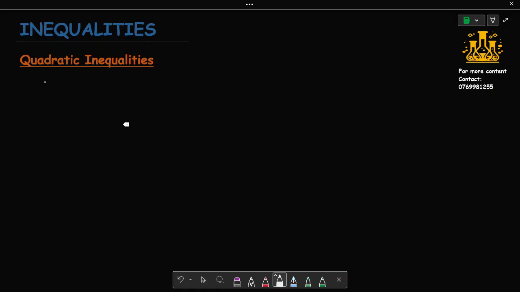We know that the standard form for a quadratic equation is ax squared plus bx plus c is equal to 0. But for a quadratic inequality, the only thing that's going to change will be the sign here.